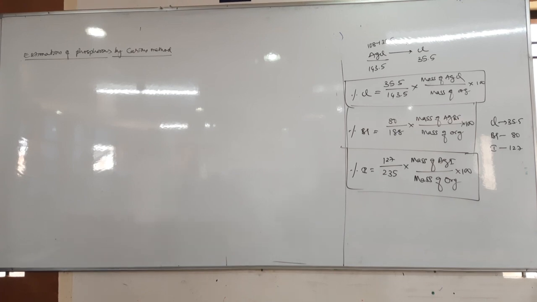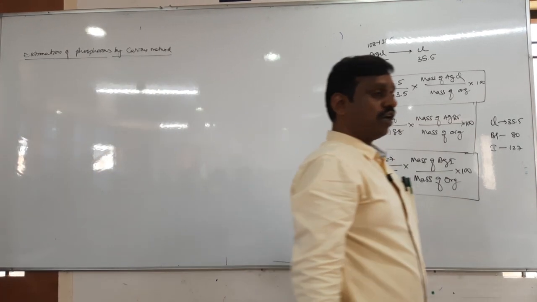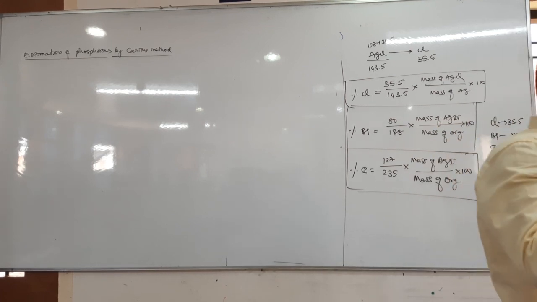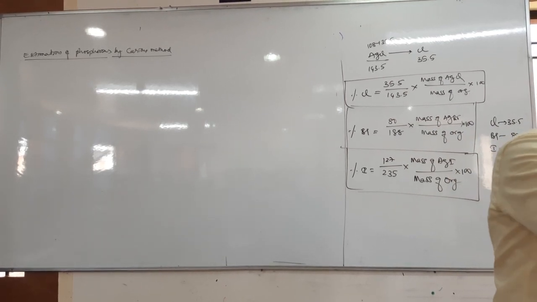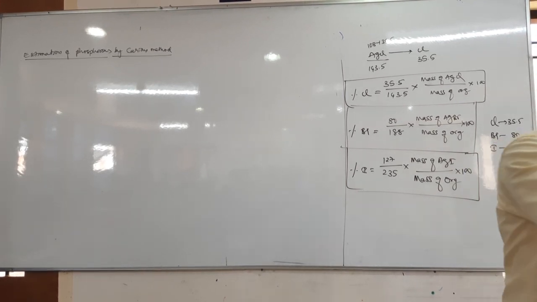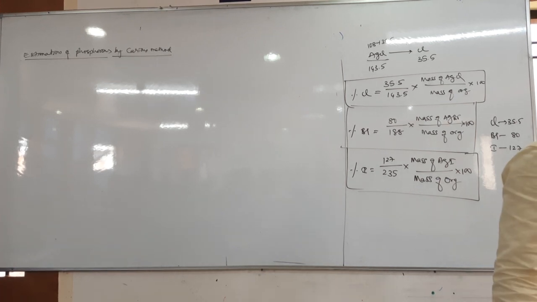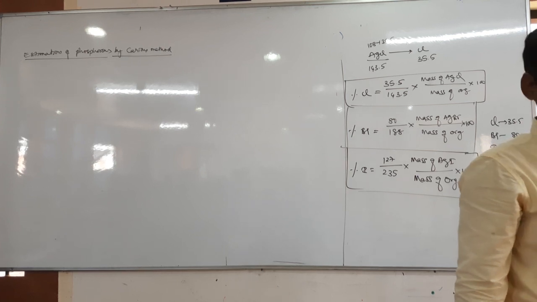Why is organic compound treated with concentrated nitric acid? Concentrated nitric acid only can oxidize carbon to carbon dioxide, hydrogen to water, sulfur to sulfuric acid, even phosphorus to phosphoric acid, because HNO3 is one of the strongest oxidizing agents.